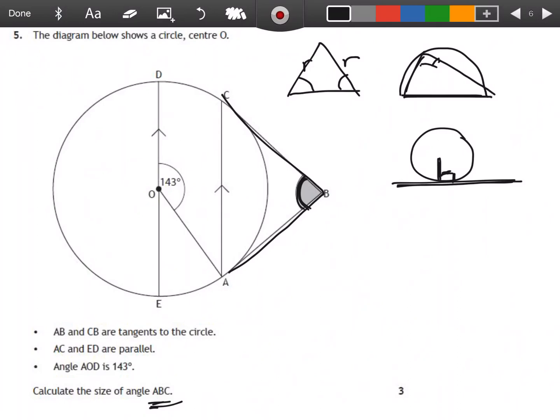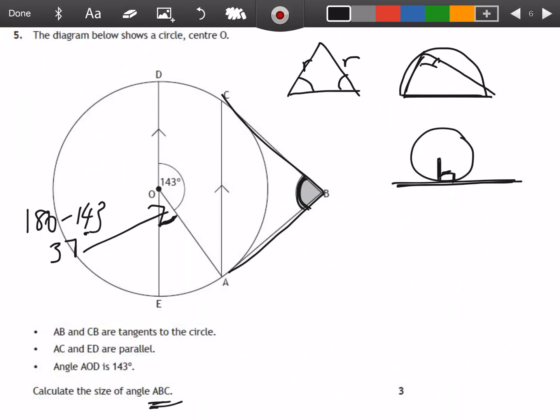Right, 143, the bit here beside the 143 is the number that makes up to 180. North to south, the line D down to E is 180 in total. So 180, remember it is a calculator paper, but still set out your working. That gives us 37 in there. So this wee one here's 37.